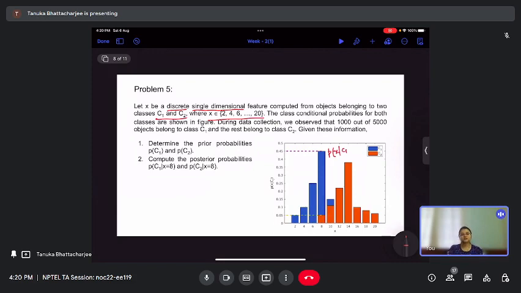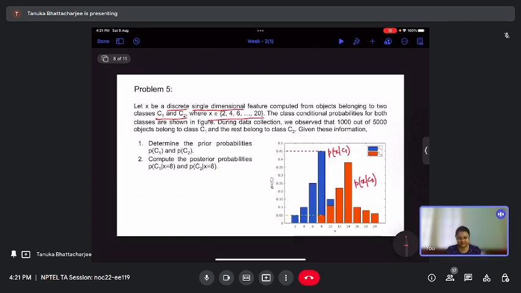You take different objects from class C1, compute x for all of those objects, and plot the histogram. What you get is the class conditional probability of x given class C1. Similarly, you take a number of objects from class C2, compute the x value for all of them, and plot the histogram. The distribution you get is the class conditional probability for class C2.